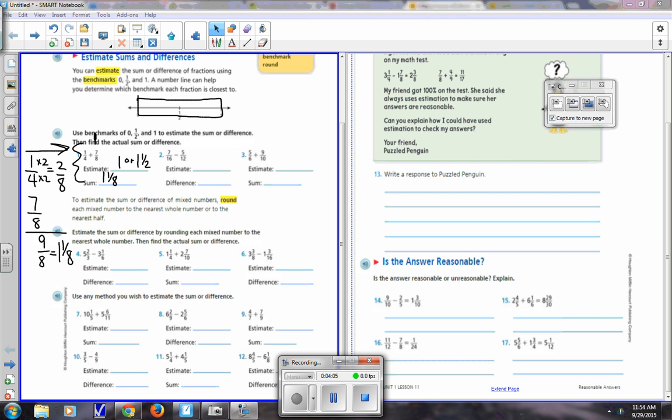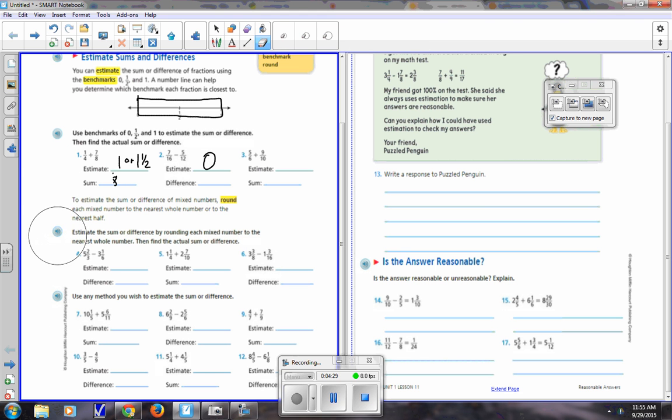I'm personally feeling that my estimate would be 0, because 5/12 is almost half, and I'm taking it away from 7/16, which is almost half. So my estimate would be 0. Now, let's figure out the actual difference. I have 7/16 and 5/12, and of course I have to come up with a common denominator.